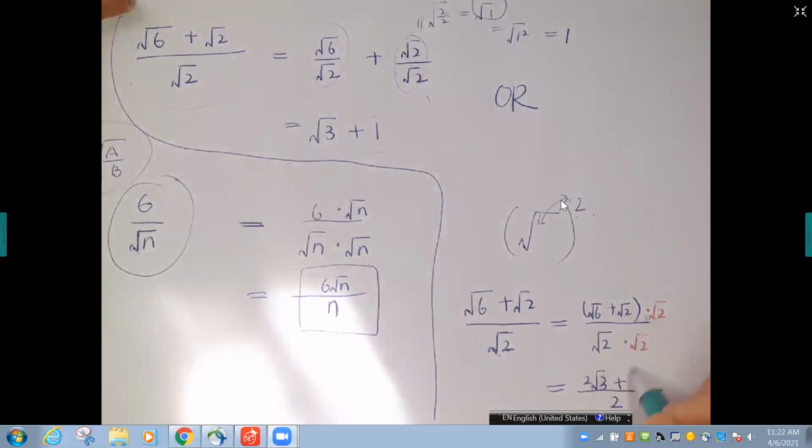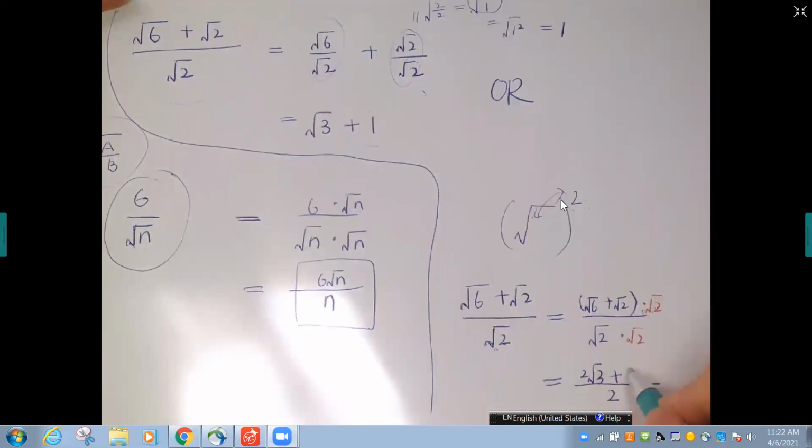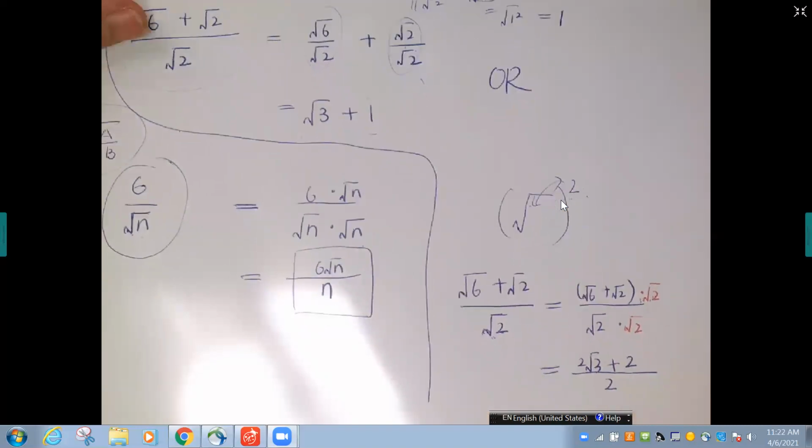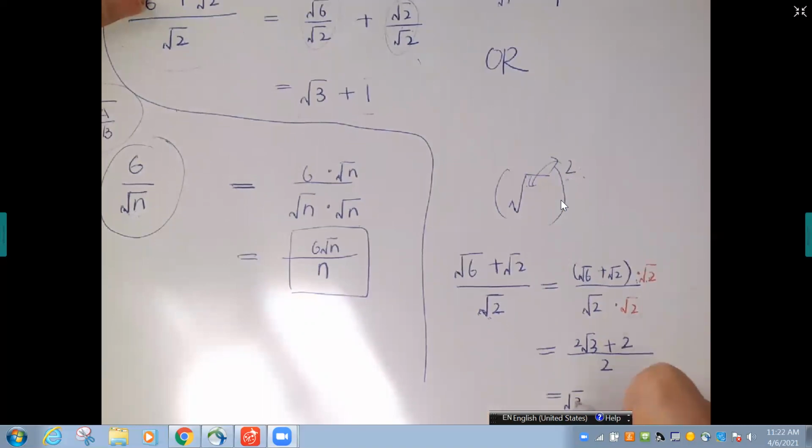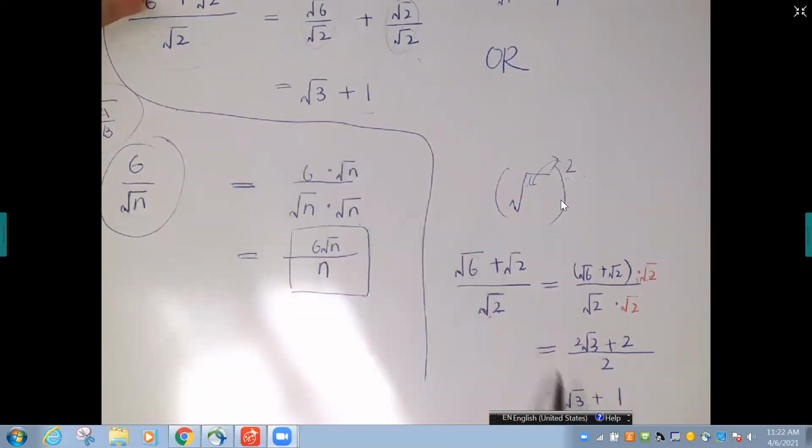And then plus radical 2 times radical 2, that's 2. But for any rational expression, we have to simplify it. So everything divided by 2: those 2s cancel out, and 2 over 2 is 1, leaving radical 3 plus 1. See, we get the same answer.